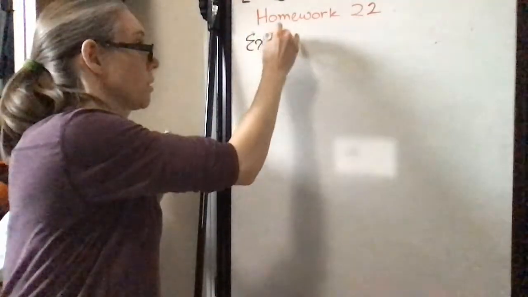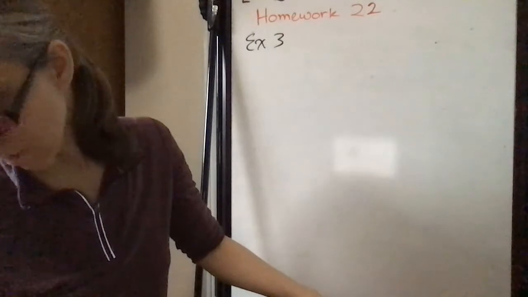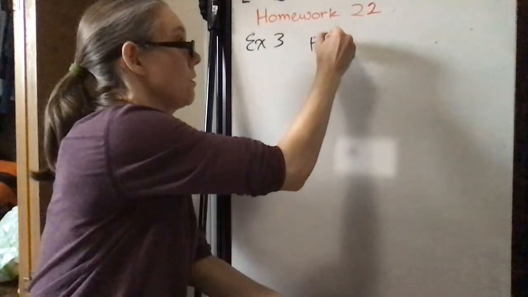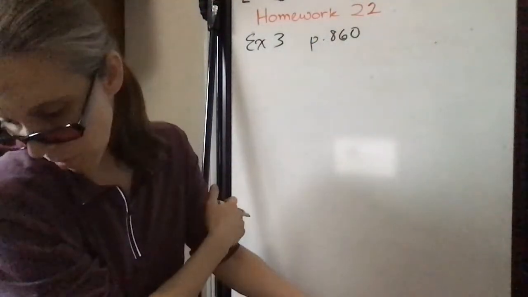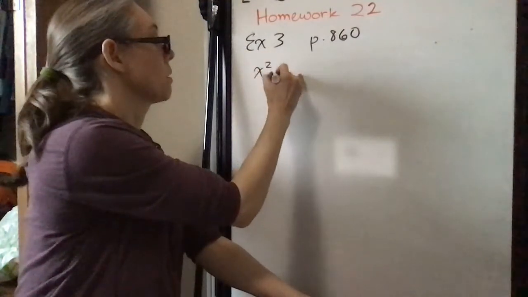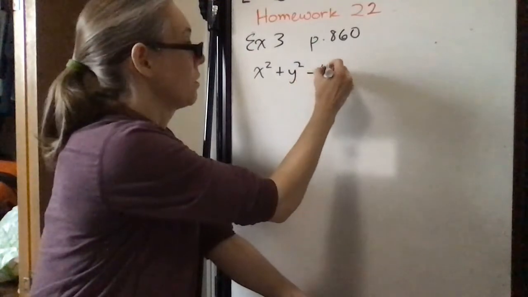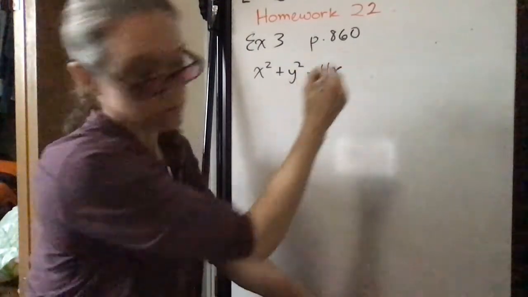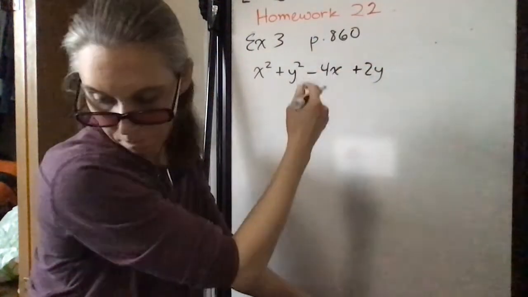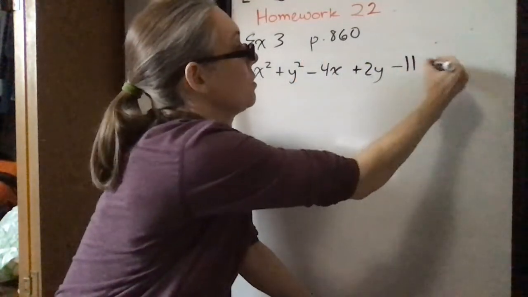So example 3 on page 860, we have x squared plus y squared minus 4x plus 2y minus 11 is equal to 0.